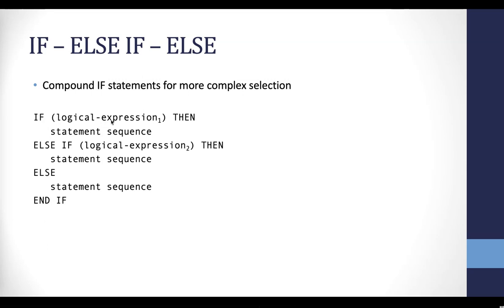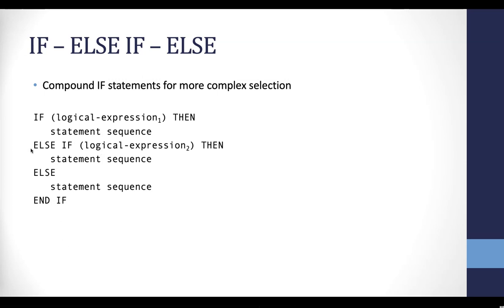But if this statement is false, then it's going to try this next statement and see if it's true. If it's true, then it'll do its statement sequence and then move on to end if and move on with our program. If neither if logical expression nor else if logical expression is true, then it will do else, otherwise. And we'll do that and then move on, end if, with the rest of our statements.